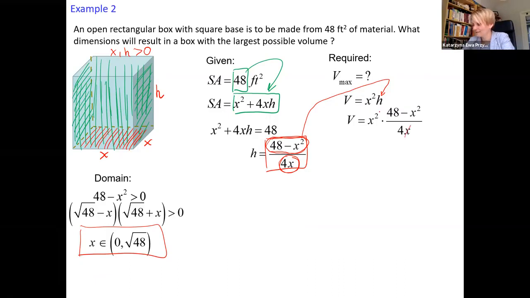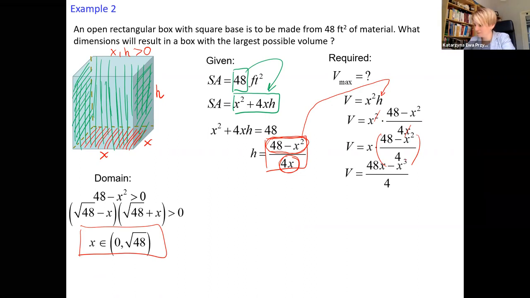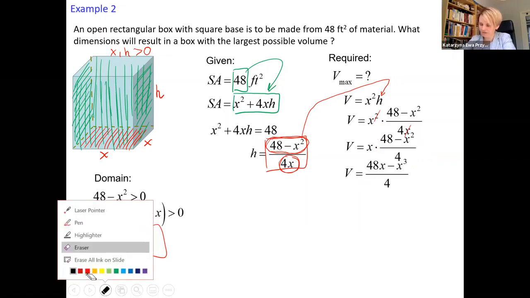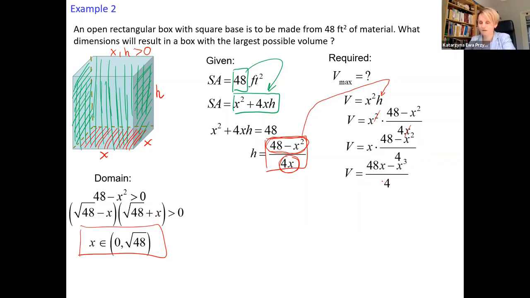We have x and x, we can cancel out, and I believe we can distribute x times 48 and x squared times x. The 4 in the denominator is okay, it's just a constant. Did I divide it? Oh no, I didn't divide this. Okay, this is our function, 48x minus x cubed.